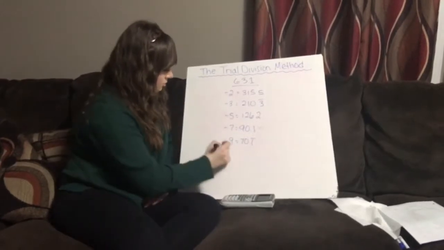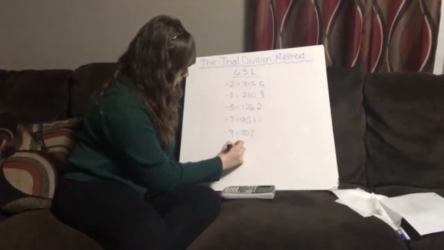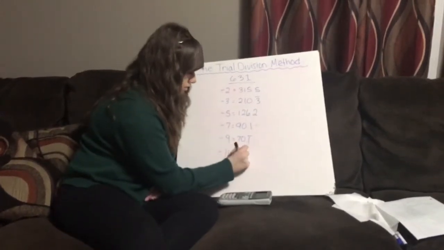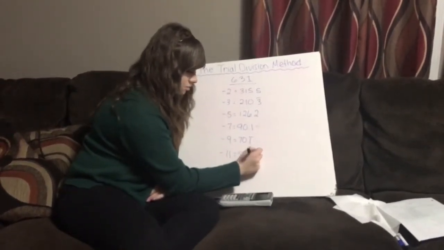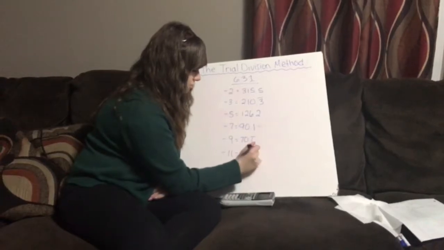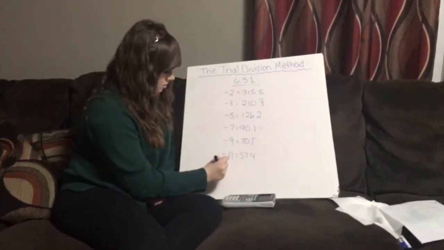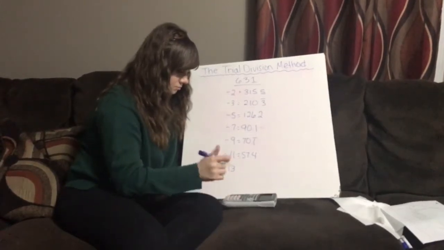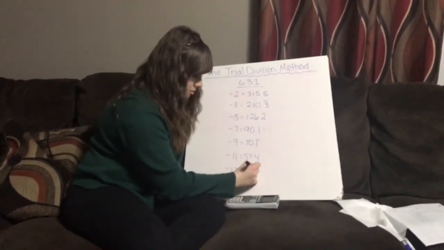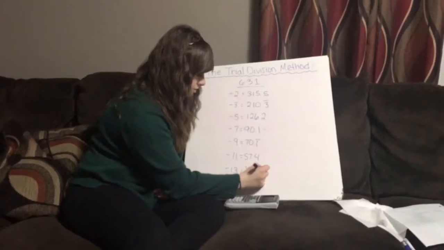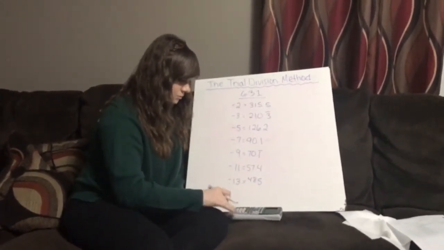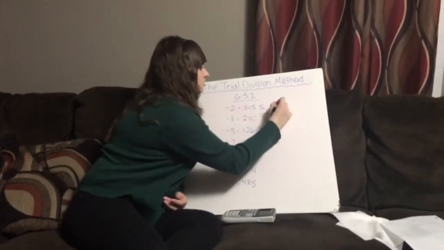And now we're going to go to 11. And that's 57 and 4/10. Next is 13. And that's going to be 48 and 5/10. And the next one is going to be 17.